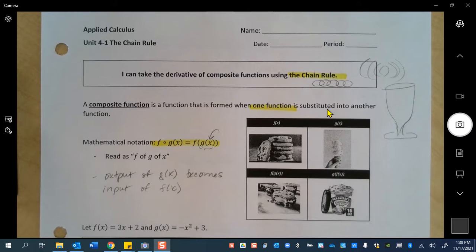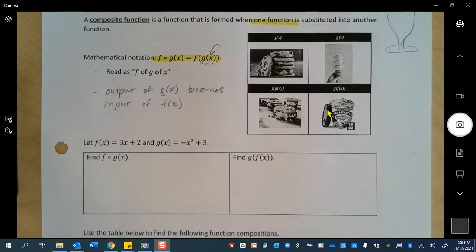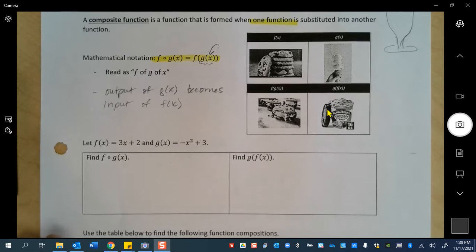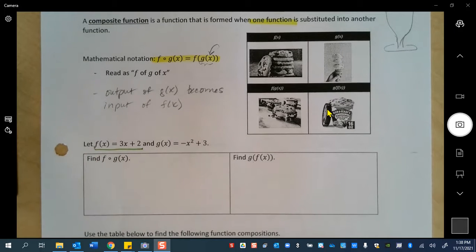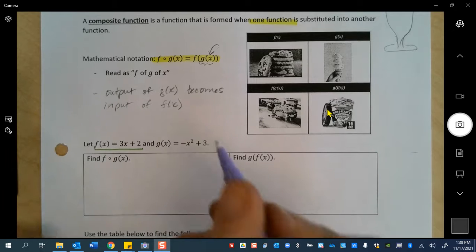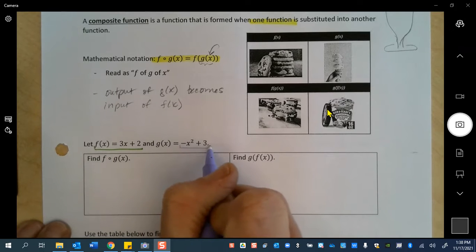So a little Algebra 2 review. Here we have two functions. My first function is f of x equals 3x plus 2. And my second function is g of x equals the opposite of x squared plus 3.